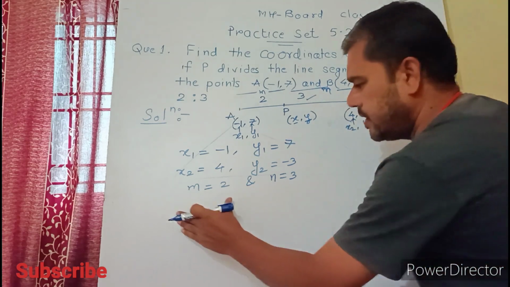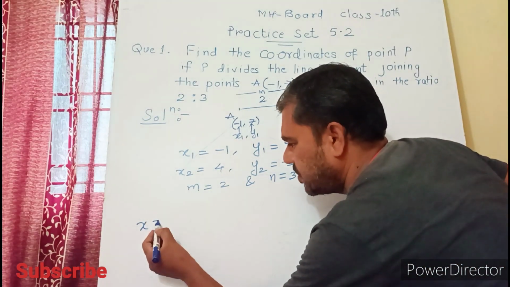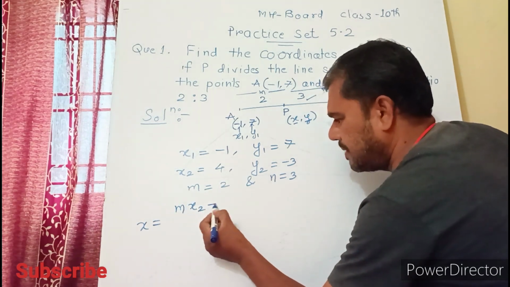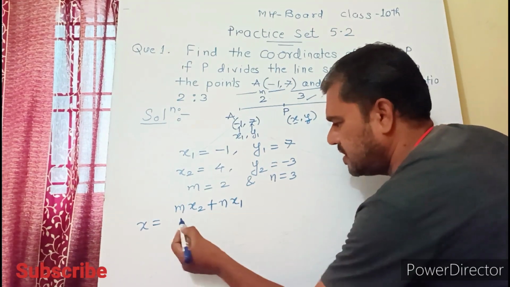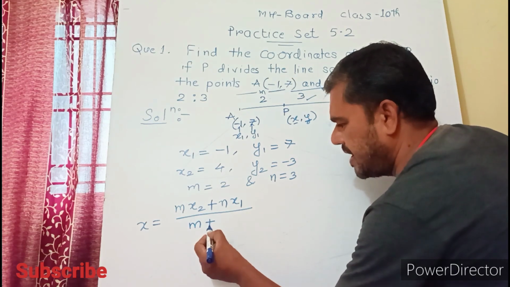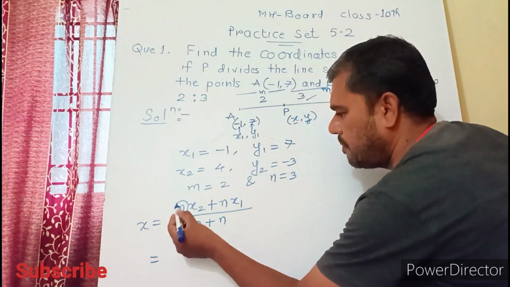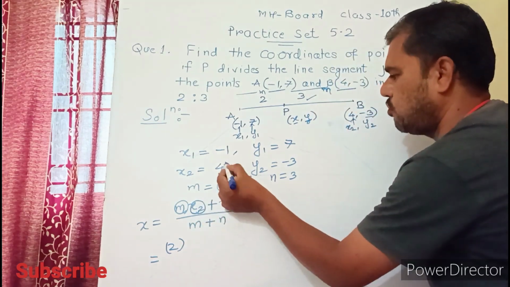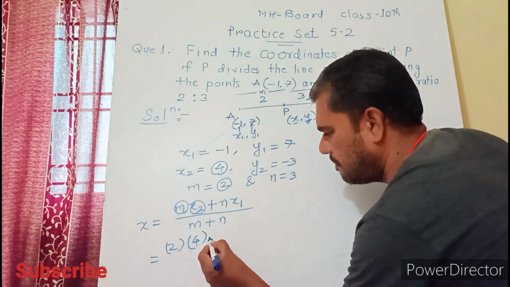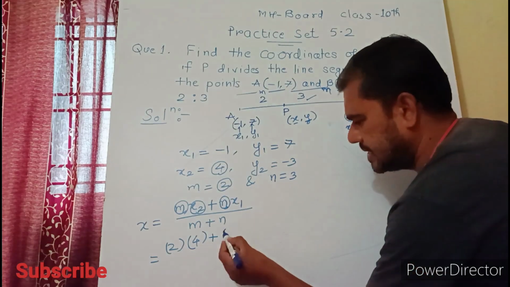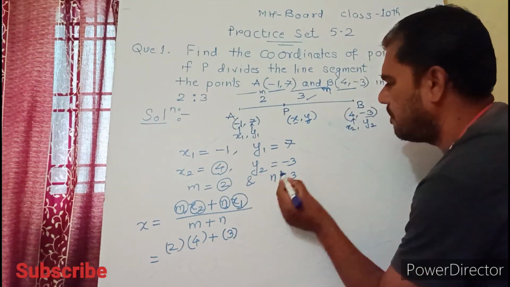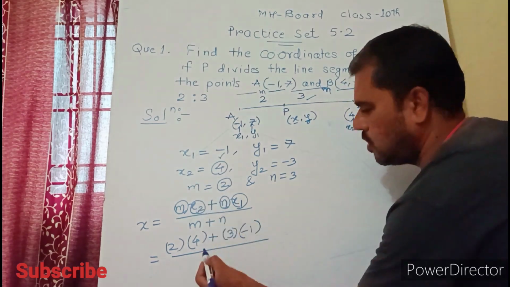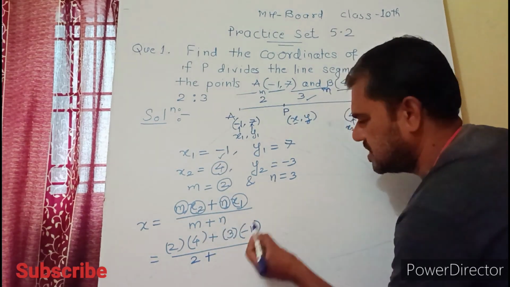Now here the x coordinate can be calculated by the section formula, that is (m x2 plus n x1) divided by (m plus n). By putting the values, the value of m is 2, put 2 here, the value of x2 is 4, put 4 here, plus the value of n is 3, put 3 here, and the value of x1 is -1, divided by m plus n, that is 2 plus 3.